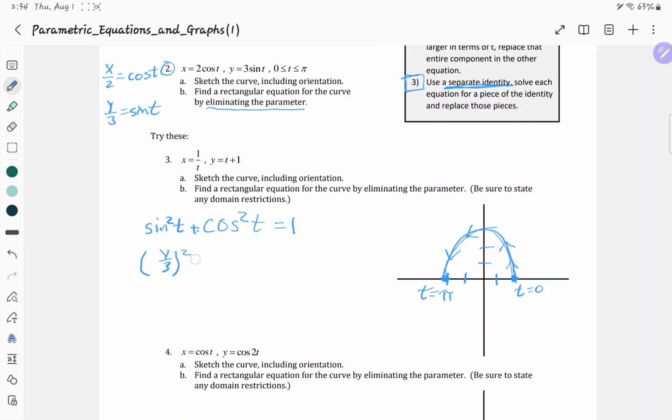We'll replace the cosine with this x over 2, and that also gets squared, and then that equals 1.